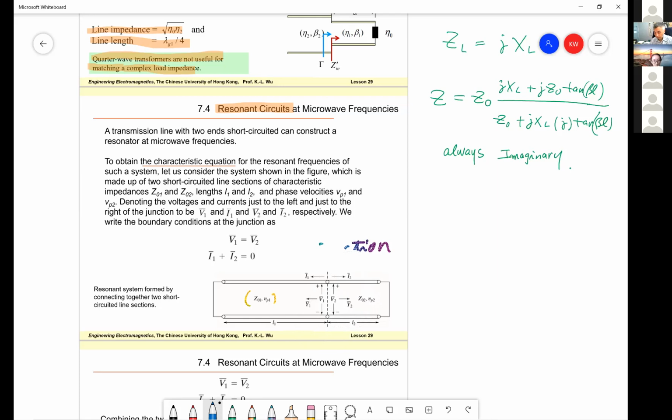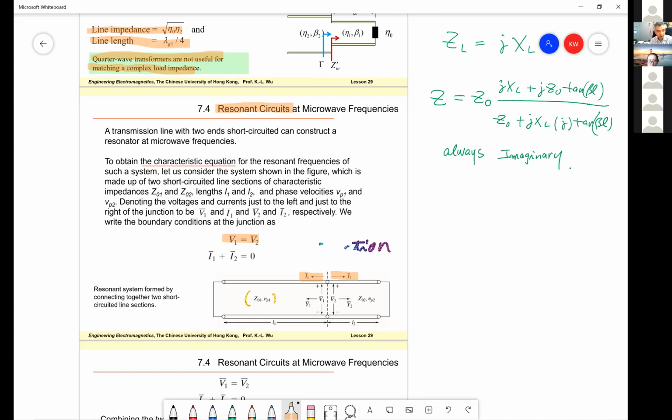Then, if you have a voltage, you have a current. You have a current toward the right, and toward the left. So we know voltage must be continuous because they are measured from almost the same location. So we have the voltage continuity equation.